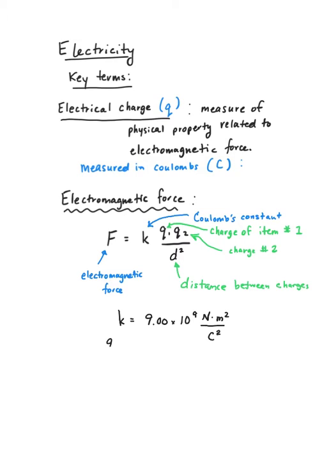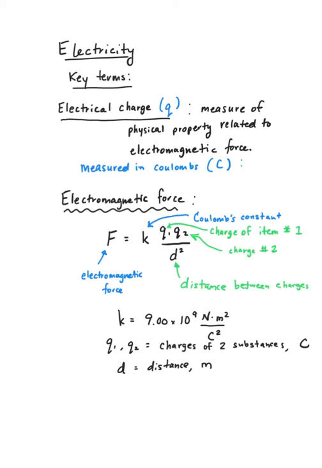Q1 and Q2 are charges of two different substances given in coulombs. D is distance, again, given in meters. That whole quantity gets squared.